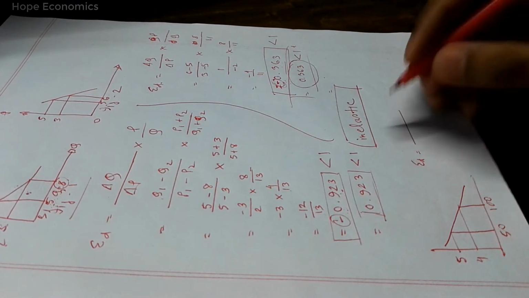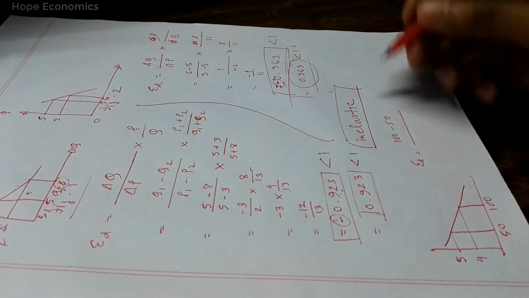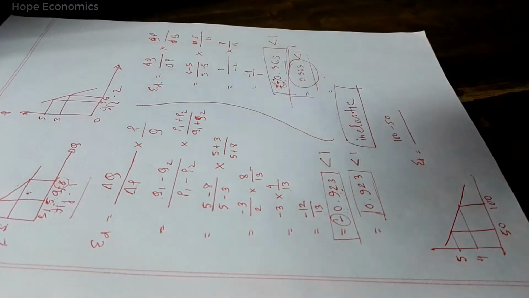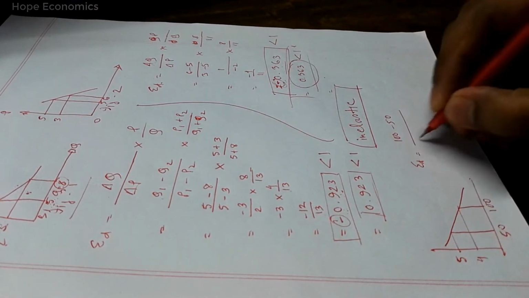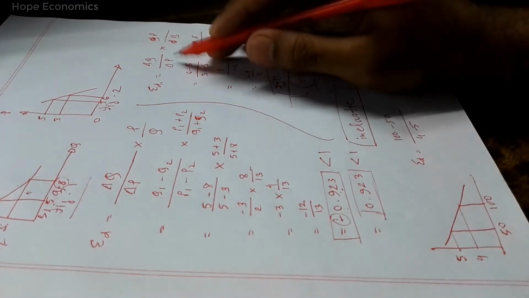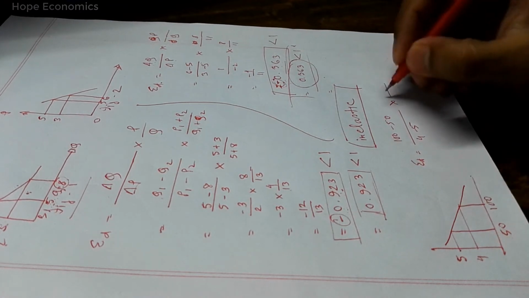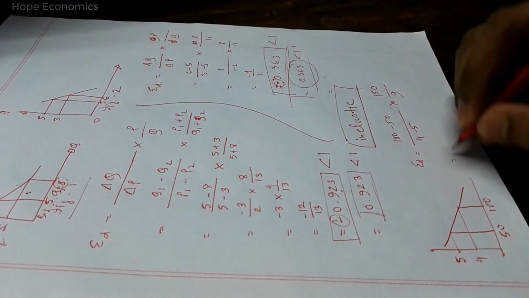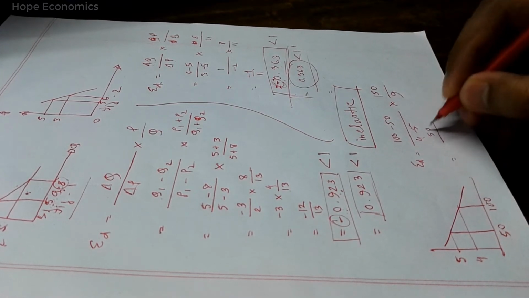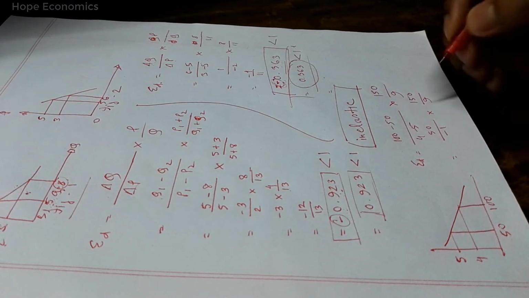Let's consider 100 minus 50 as this, and 4 minus 5 as this, into total price, that's 150, divided by total quantity, 9. So here it's 5 minus 1 into 150 into 9.